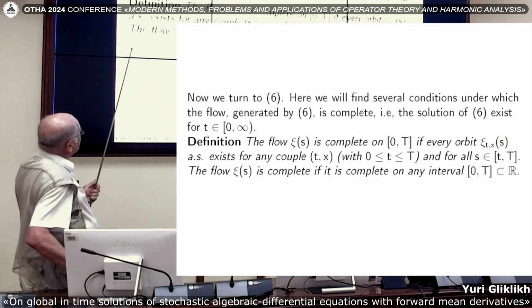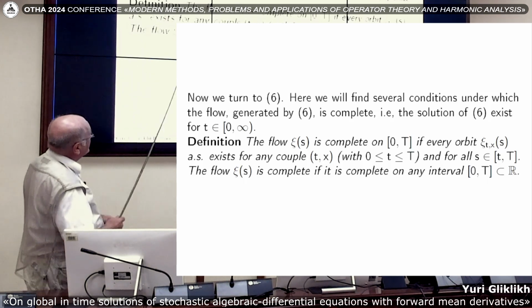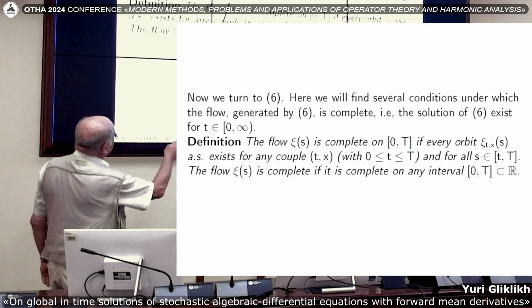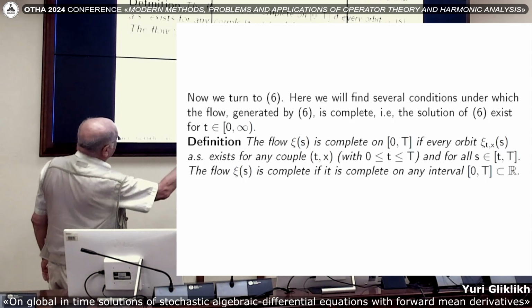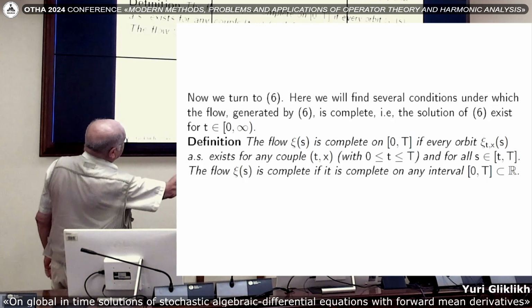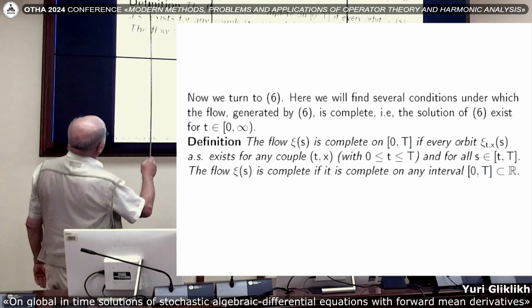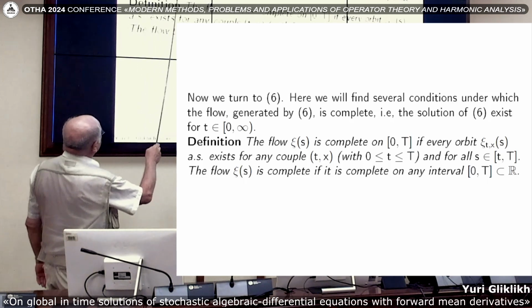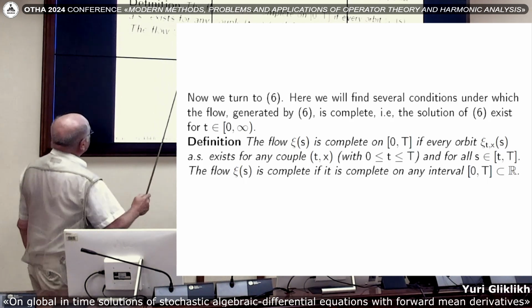So now we return to 6. Here we'll find several conditions under which the flow generated by 6 is complete. This means the solution of 6 exists for all t on the whole half-line. Definition.